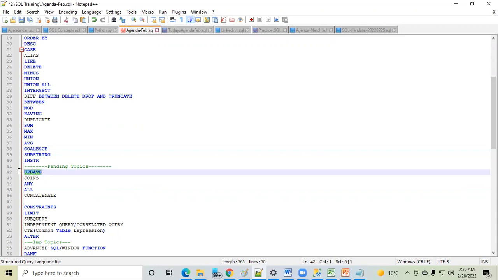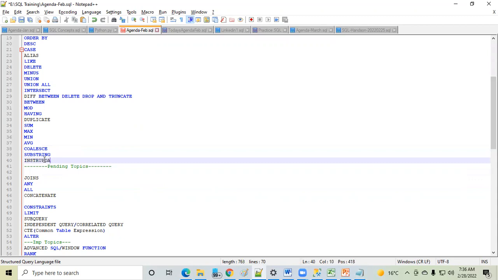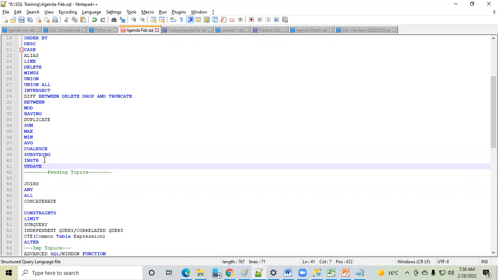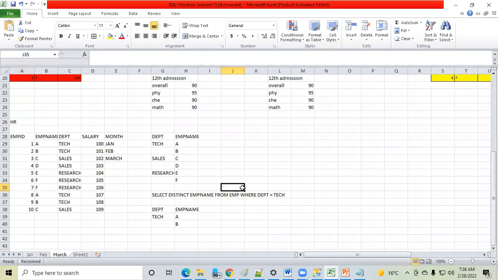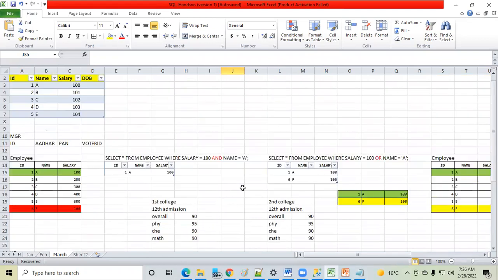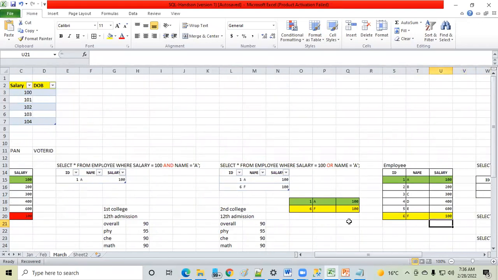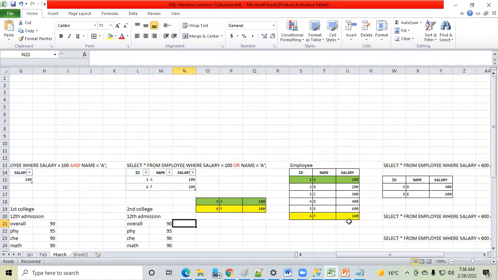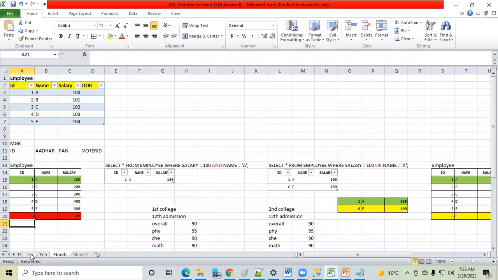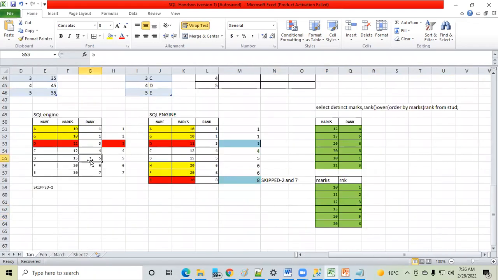Joins is a very important concept, but not as complicated as I always hear from the students. They will tell that joins are very tough. If you have any perception like that, please remove it. It is not tough. This is a simple one.